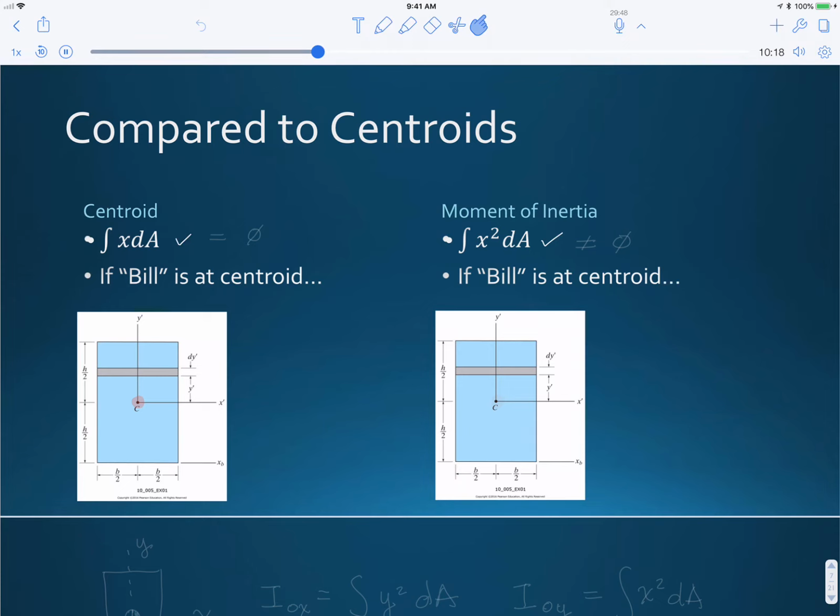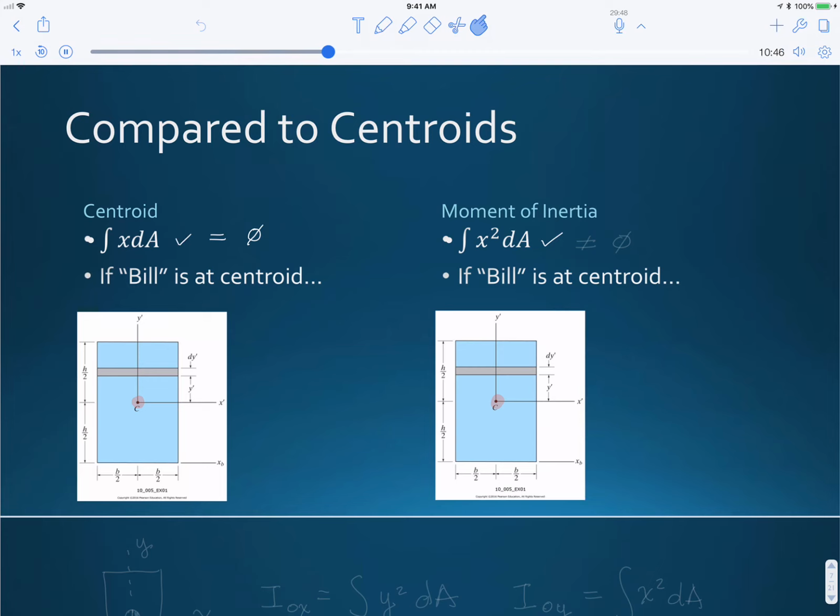If we put our coordinate system origin, Bill, at the centroid of the area, so for this rectangle right at the middle, and then we did the integral of x dA, the integral of x dA when the coordinate system is at the centroid is 0. The integral of y dA is 0.